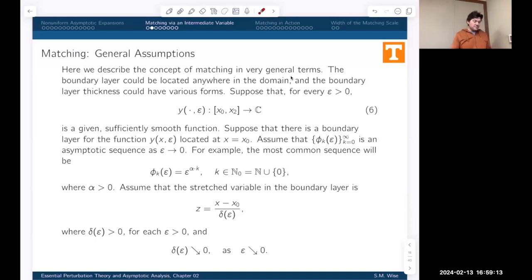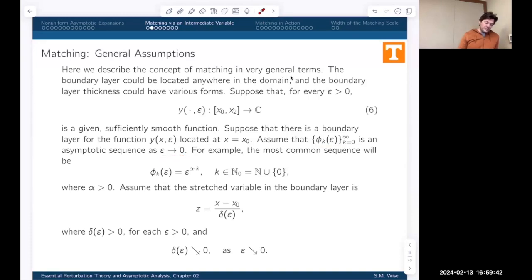And that simply reflects the fact that we've already dealt with an example where we had a boundary layer at the left-hand endpoint rather than the right-hand endpoint. But we could just assume that it happens at the right-hand endpoint, and you'll see how you can do that. So we suppose that there's a boundary layer for this function located at x equals x naught, and assume that phi k is an asymptotic sequence as epsilon goes to 0.